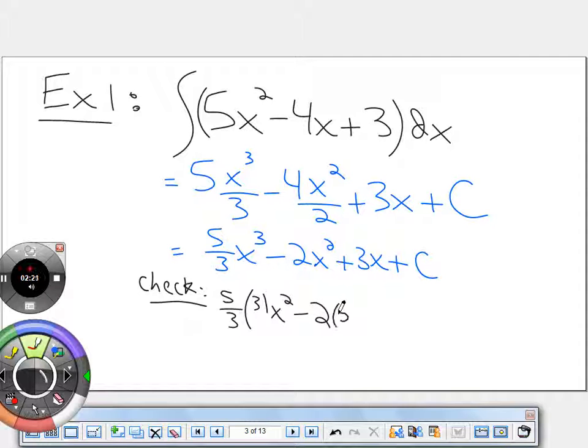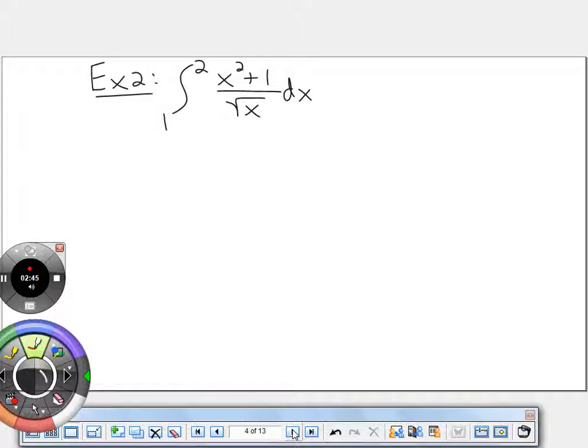The 2 you'd bring out in front. The x you'd reduce by a power. And whenever you have 3x, the derivative would be 3. The constant would be 0, so you wouldn't have that. So it looks like here the 3's would cancel out. So you'd have 5x squared minus 4x and then plus 3. See if that would be the same. Yeah, so that works.